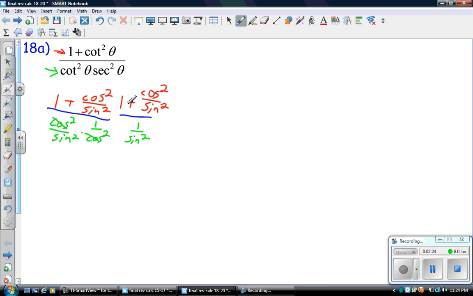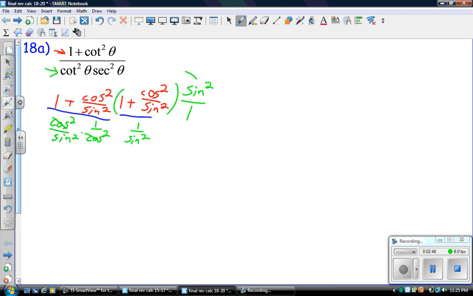You could get common denominators and combine the top. You could just flip and multiply, but whatever you want to do. I'm just going to flip and multiply. So what I mean by that is 1 over sine squared is on the bottom. So if I flip that up to the top, I'm multiplying by sine squared over 1.